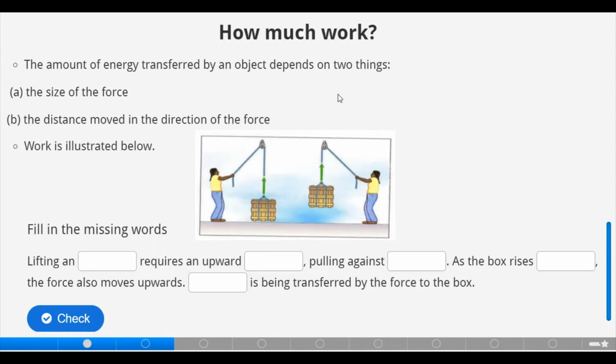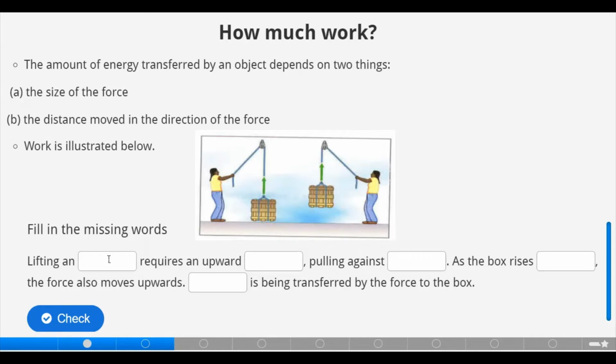Looking at the two diagrams, we have the woman using a thread wrapped around the load to pull it. From the second diagram, the load has moved up due to the presence of a contact force. We have to fill in the missing words to serve as an activity for this page.